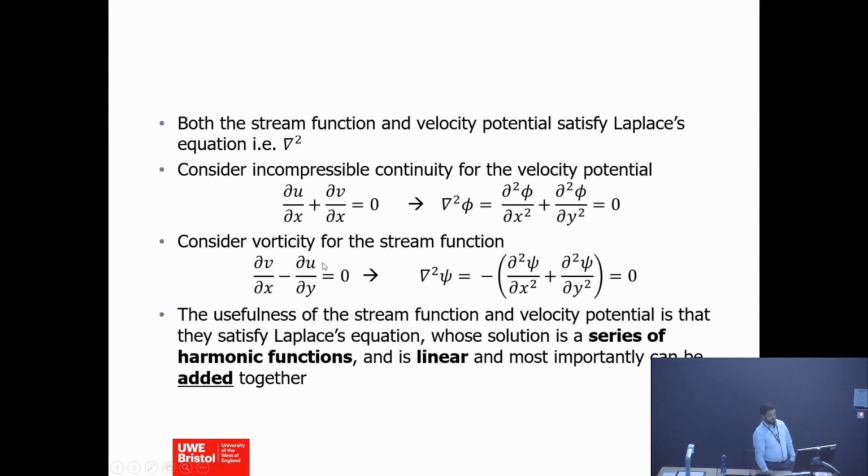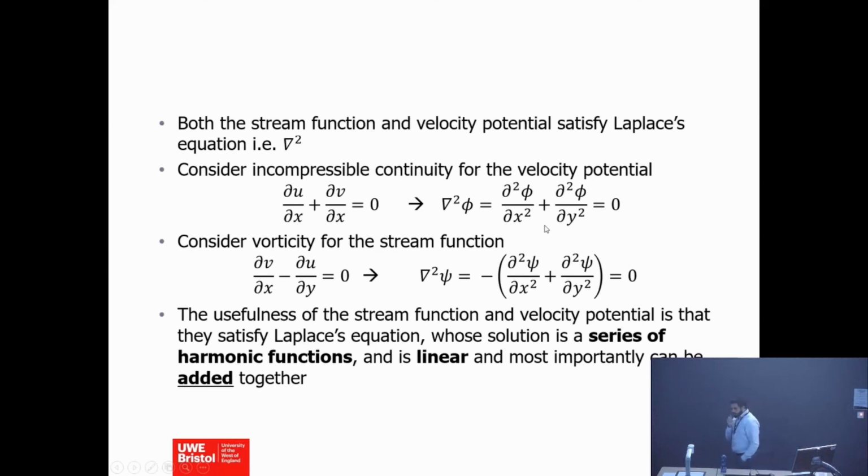And of course, you've got the double partial derivative, which in terms of the delta operator is basically the delta squared of psi, and you can arrange it this way, minus this term here, and you'll find it's actually equal to 0. Okay? So basically, both phi and psi satisfy the Laplace equation.